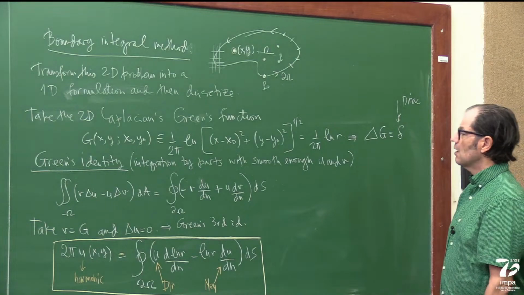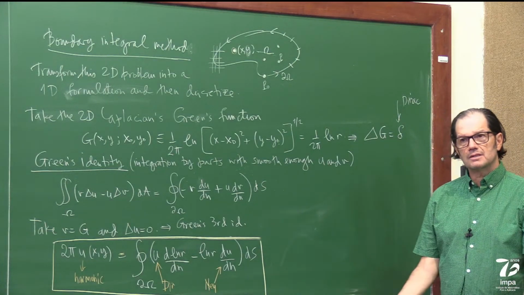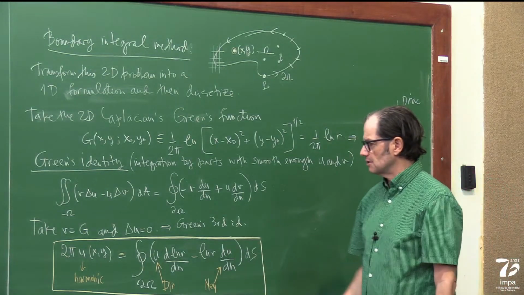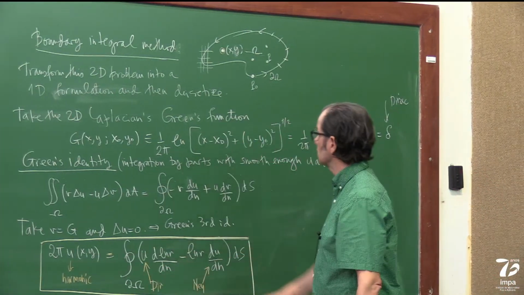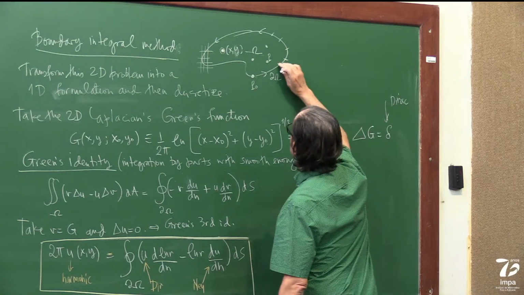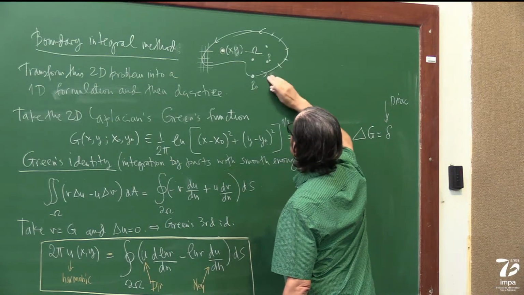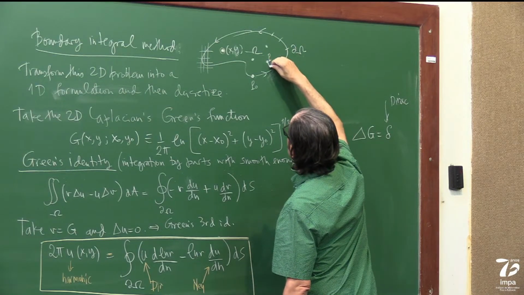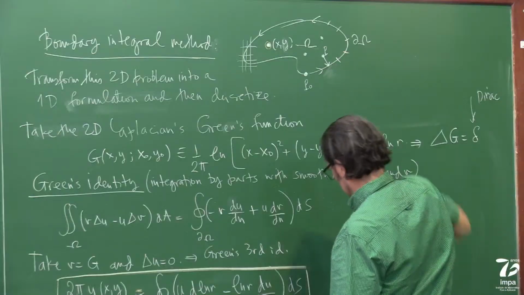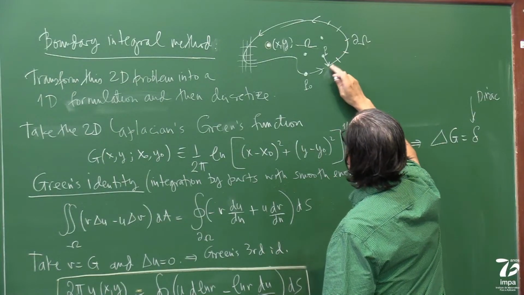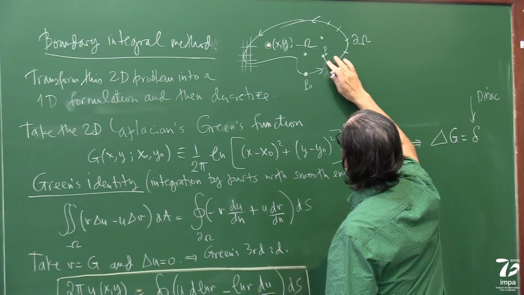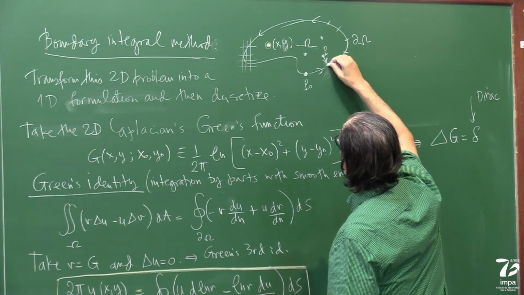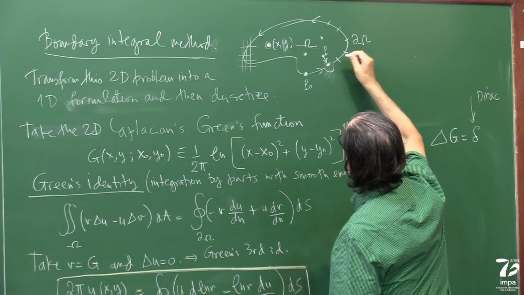Now how do I get one from the other? First I need a functional relation, because this is a point inside and this is on the boundary. So one can take this point here to the boundary. We see a little bit of this in the PDEs course. You deform the boundary.